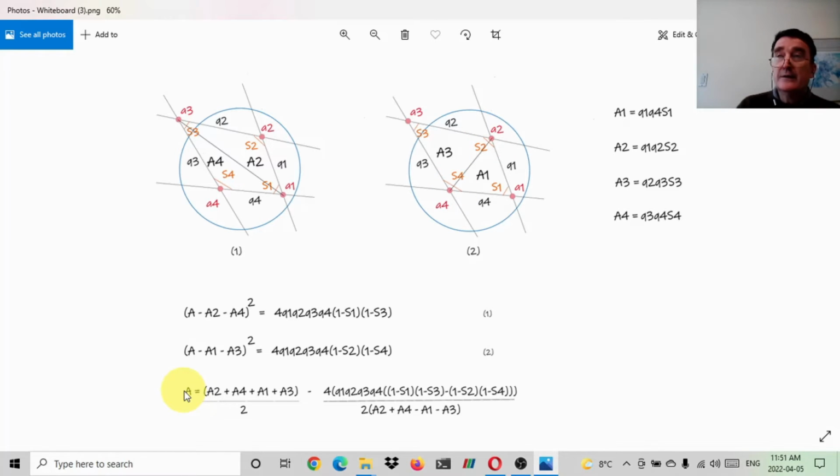And the unique solution from the quadratic compatibility theorem turns out to be that A, the quadria, the quantity we're interested in, equals (A2 + A4 + A1 + A3) over 2, minus 4 times Q1, Q2, Q3, Q4 times ((1 − S1)(1 − S3) − (1 − S2)(1 − S4)), all over 2 times (A2 + A4 − A1 − A3).